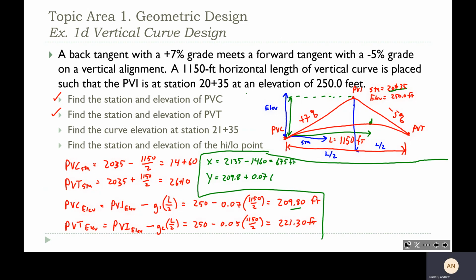So 0.07 times 675. And then plus G2 minus G1. So here we do maintain signs. G2 minus G1 over 2L times x squared, which is 675 squared.